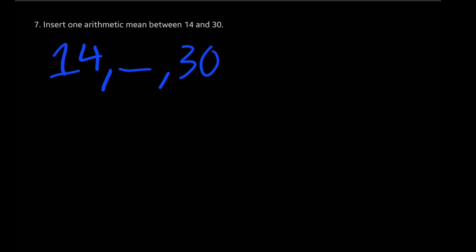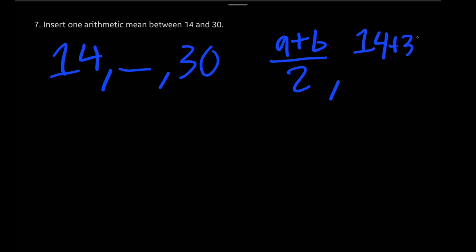For this, we have a formula, a plus b over 2. Plugging in, we get 14 plus 30 over 2. So 14 plus 30 is 44, divided by 2 is 22. So our answer here is 22.